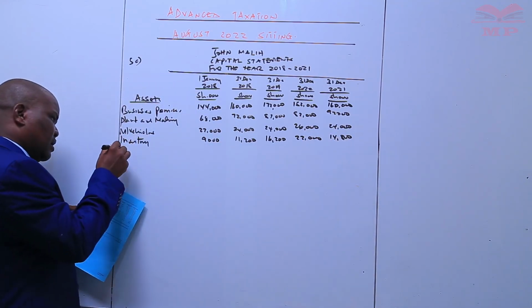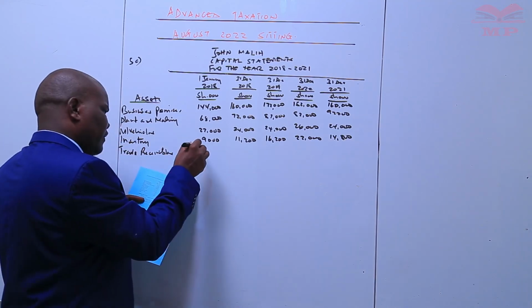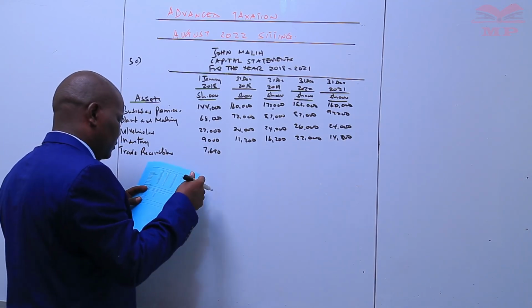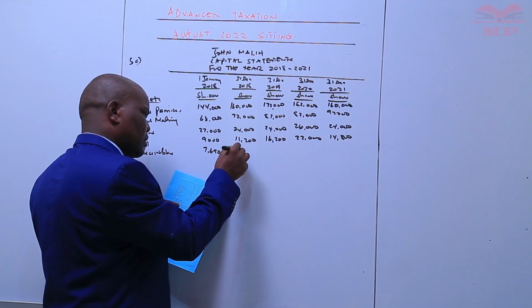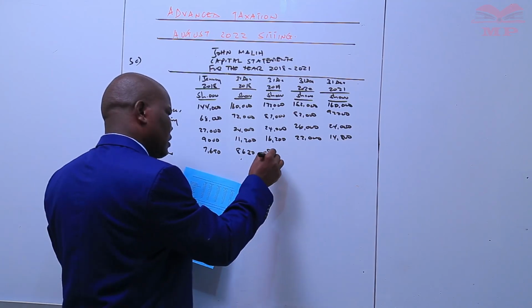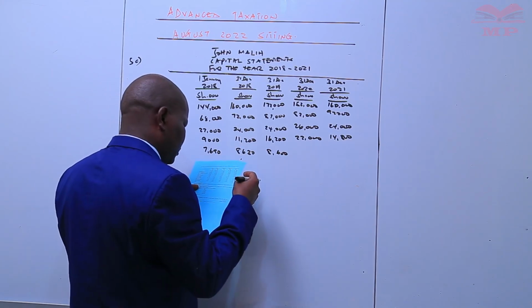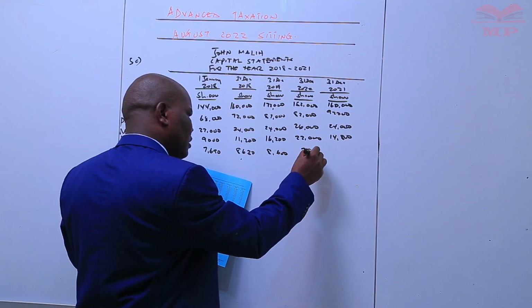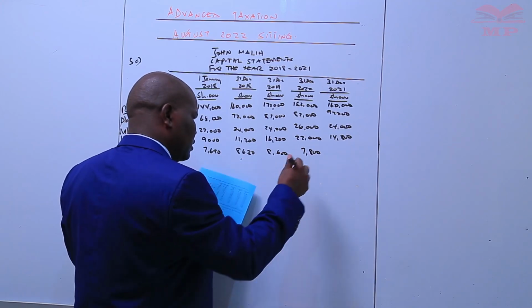Trade receivables are assets: 76,90, 86,30, 8,600, 7,800, and 82.